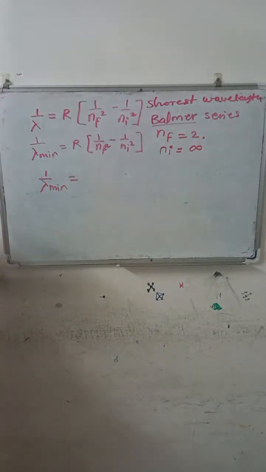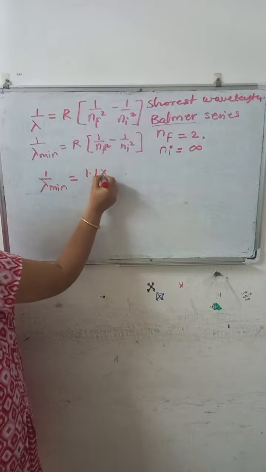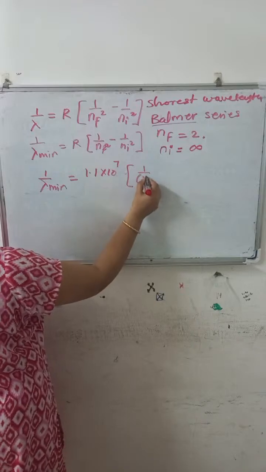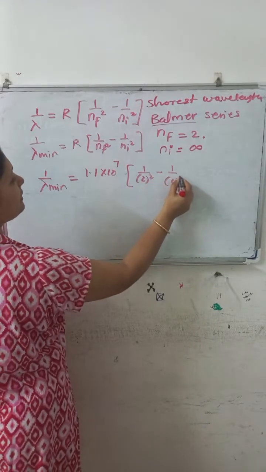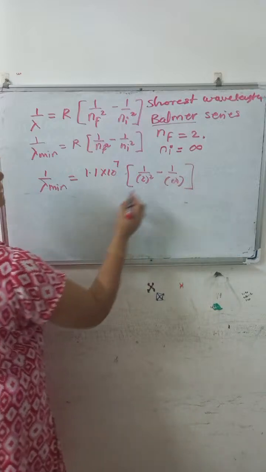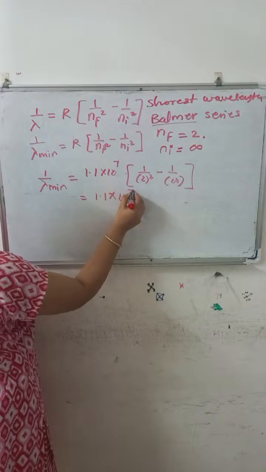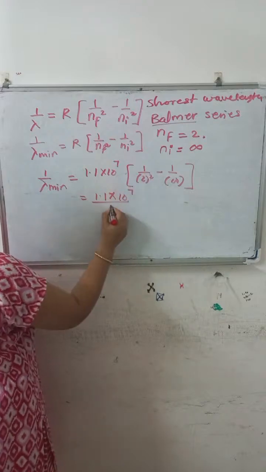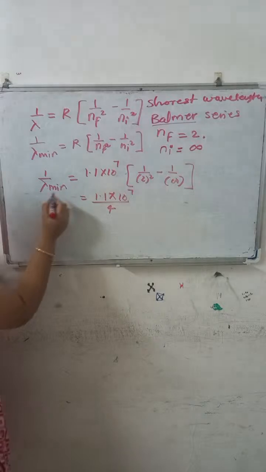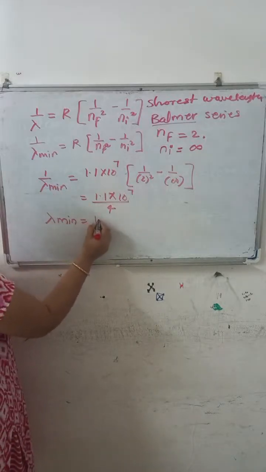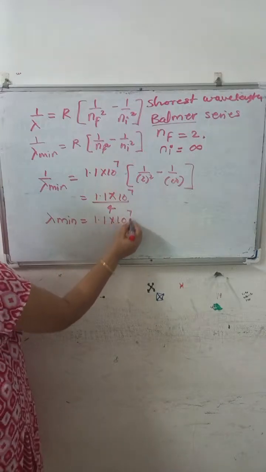Rydberg's constant is 1.1 into 10 raised to 7. Nf is 1 by 2 square, and ni is infinity, so 1 by infinity is 0. So 1 by lambda minimum is 1.1 into 10 raised to 7 times 1 by 4. So lambda minimum is 4 upon 1.1 into 10 raised to 7.